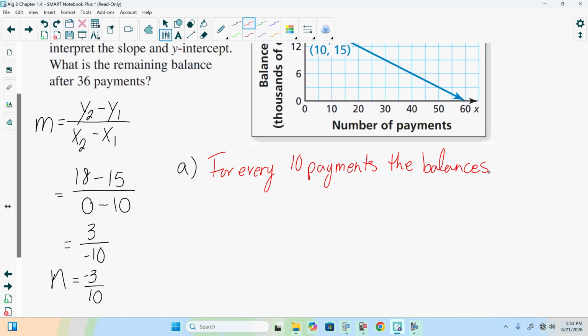Decreases, goes down. By $3? 3,000. Where do we get the 1,000 from? Yeah. Because the table chart told us it was in thousands of dollars.